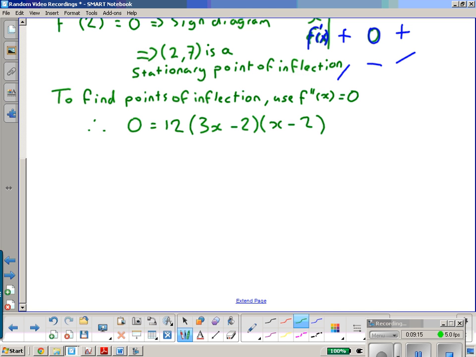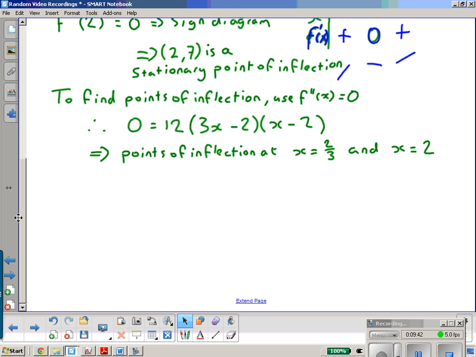And that implies there are points of inflection at x equals 2/3 and x equals 2. We've already seen the one at x equals 2.